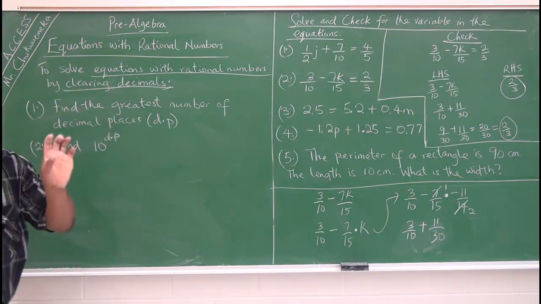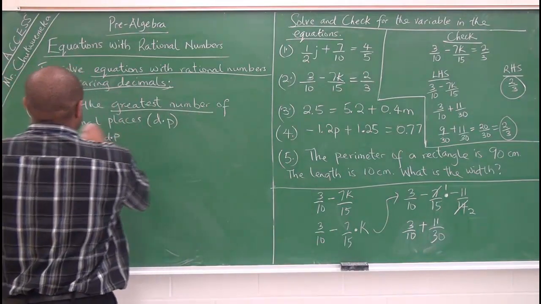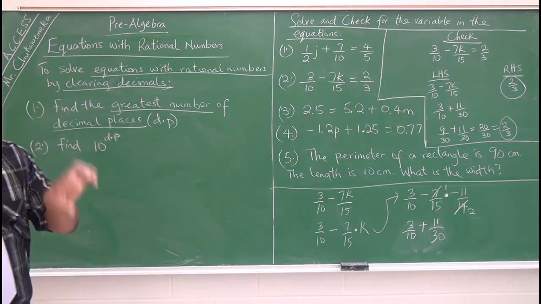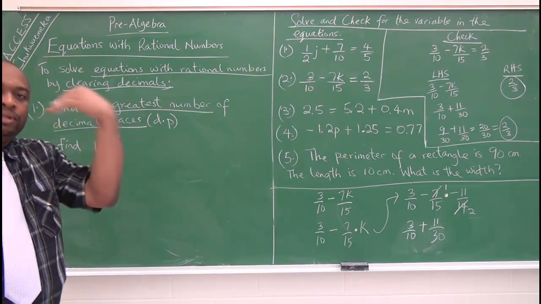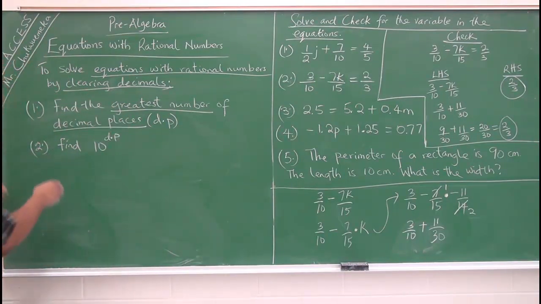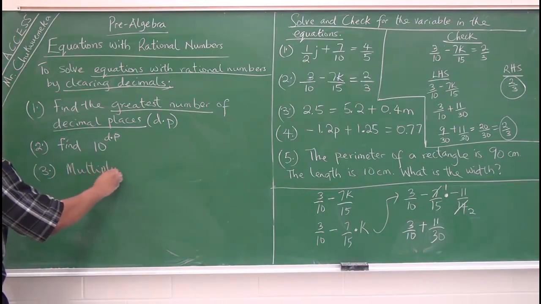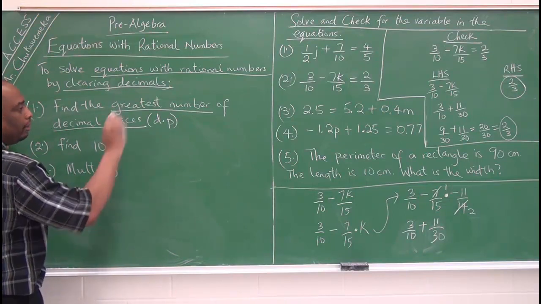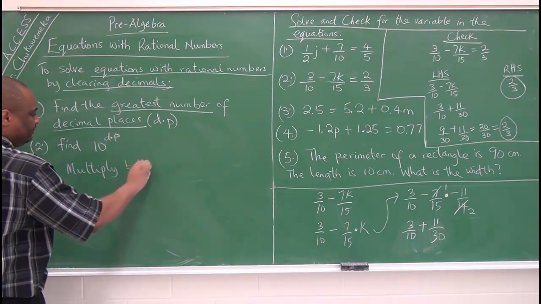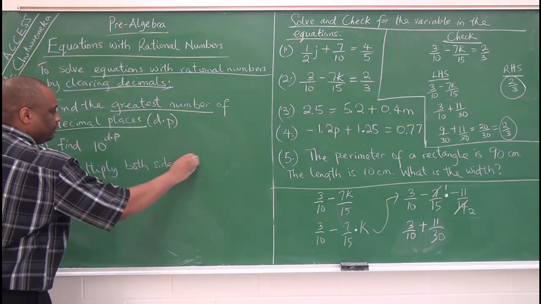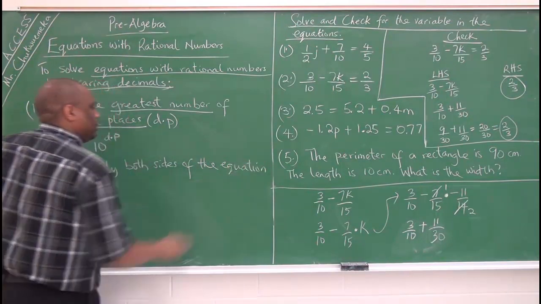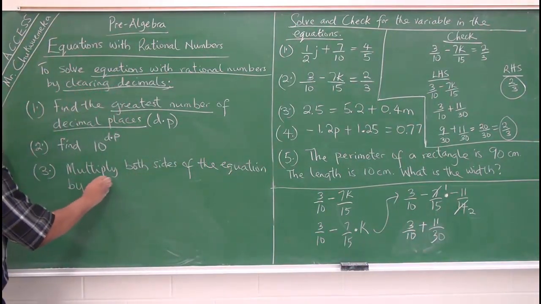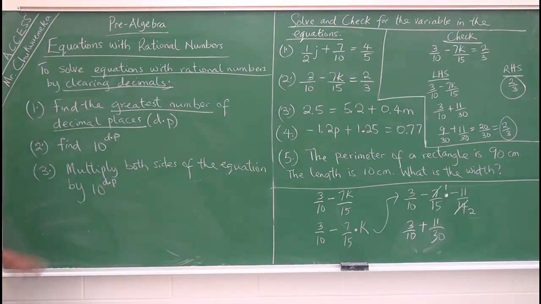This DP is decimal places, but it should be the greatest number of decimal places. Then you raise it as an exponent with the base as 10, 10 raised to the power of this DP. And then whatever it gives you, you multiply both sides of the equation by 10 raised to the power of the greatest number of decimal places.